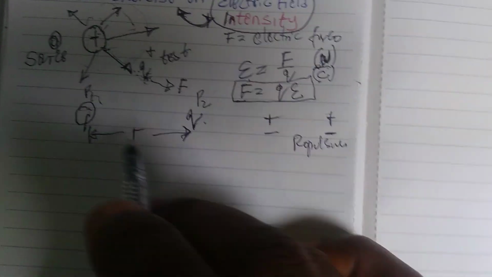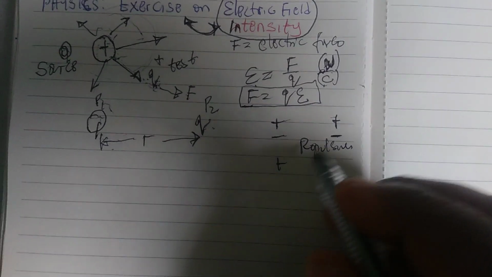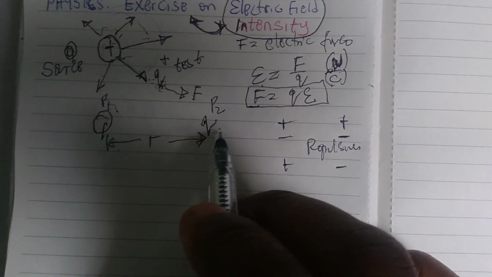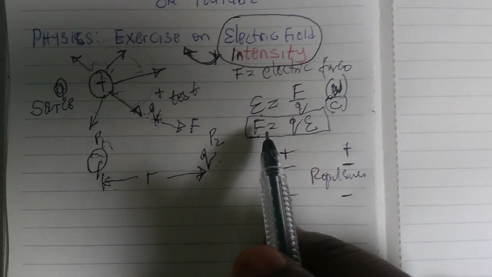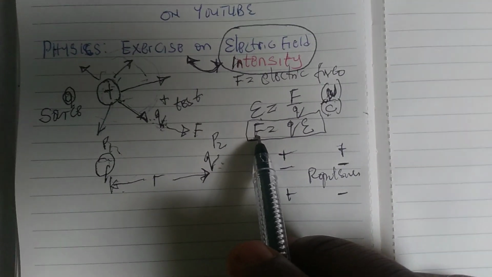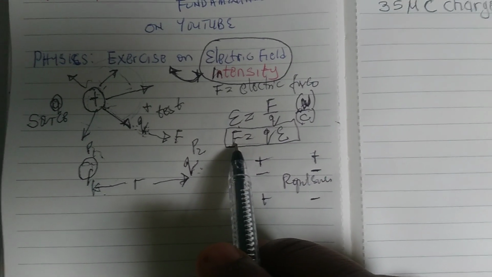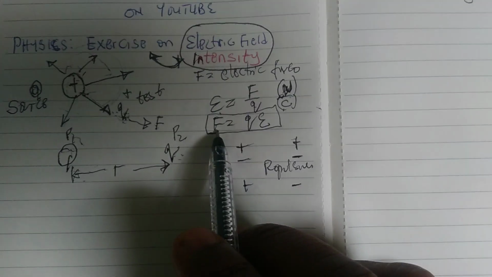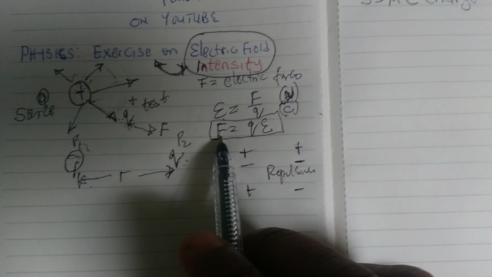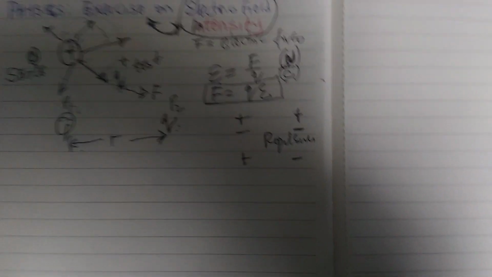Otherwise, if the first one carries positive charge and the second one carries negative charge, the two charges will attract each other. So electric force is simply a force of attraction or repulsion, unlike gravitational force, which is always attraction only.